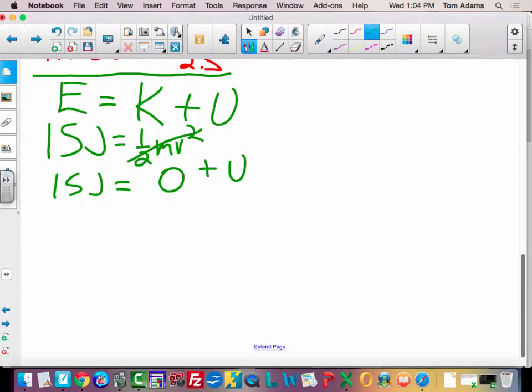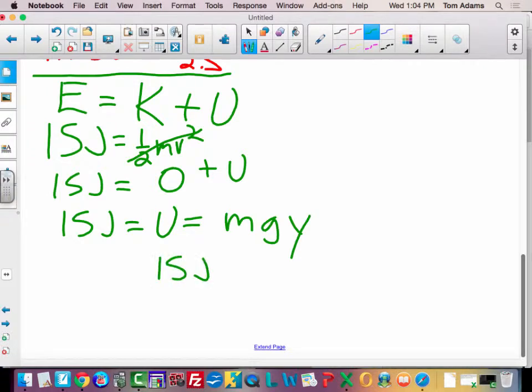So what is my potential energy? 15 joules. Now, can I figure out the maximum height? Yeah, because it's m times g times y. So 15 joules should equal 0.3 times 9.8 times y.